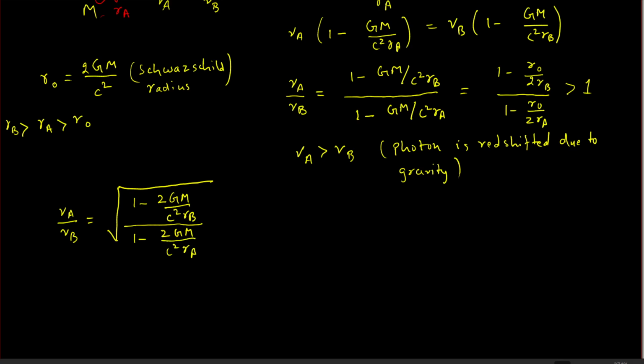So the square root is both for the numerator as well as the denominator, a positive square root. So this is the exact formula that comes from the general theory of relativity, using the Schwarzschild solution.